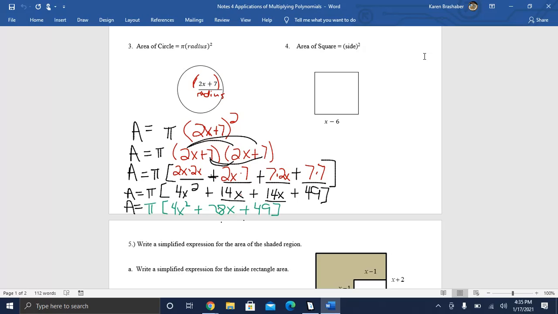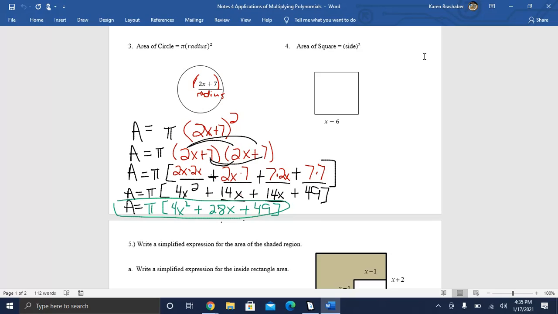Now, since we are leaving pi as the symbol pi, we will not be distributing it. We will simply leave our answer as is. So area equals pi times 4x to the second plus 28x plus 49 is the final answer for the area of this circle. Okay, and we will move on from here and do the square.